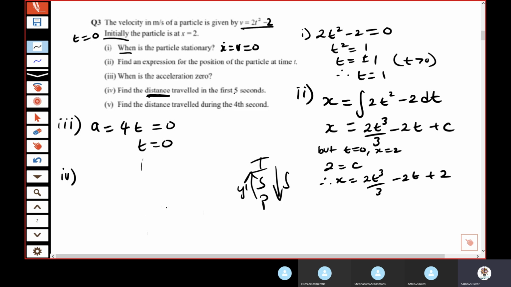So to find the distance traveled in the first 5 seconds, to avoid the problem with the negative areas, which means you'd have negative distance, what you do is go from 0 to 1 plus from 1 to 5.